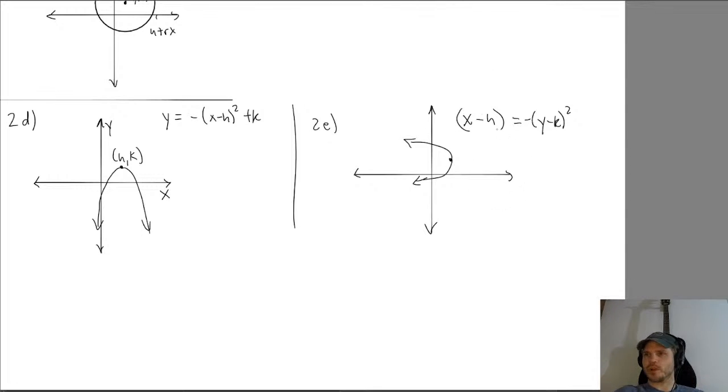Yeah, this is right. And I'm going to graph this on Desmos just to be sure.